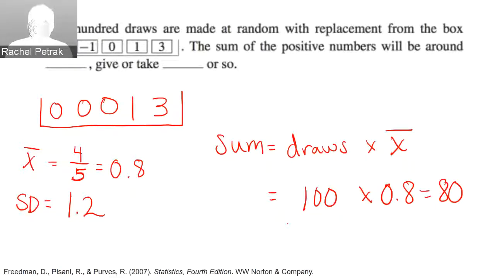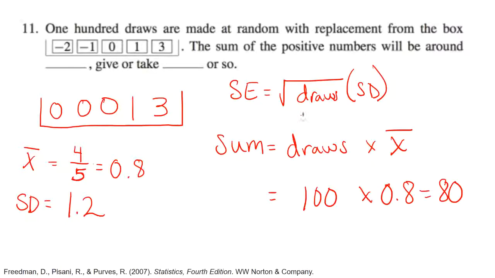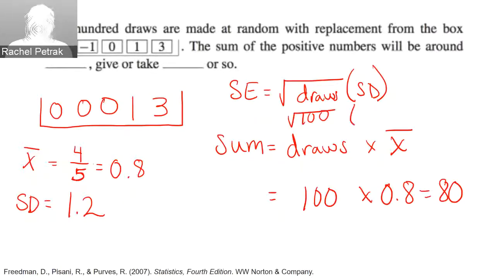How do I know it's 12? Well, remember, the standard error equals the square root of draws times the SD. So we've got the square root of 100 times 1.2, which is 12. So 80, give or take 12. Give or take, of course, being layman's terms for plus or minus 1 standard error.